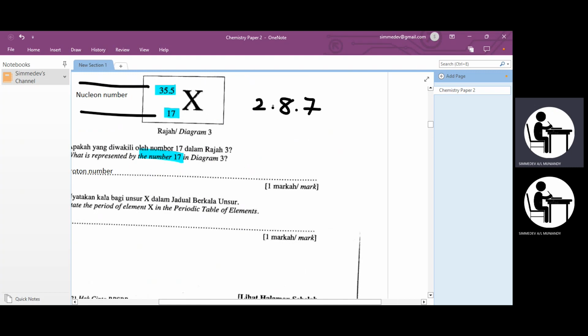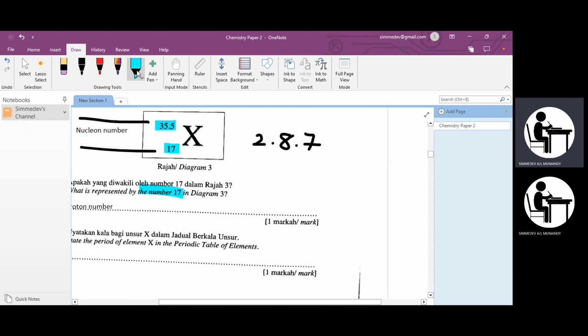When you look at the electron configuration, the number at the back indicates the group of the element. So this is group 17.